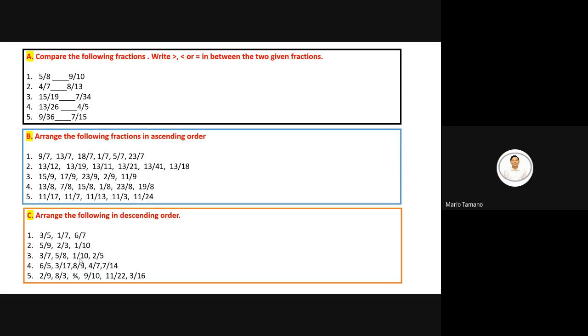Okay, so 5/8 is less than 9/10. So 9/10 is higher than 5/8. Notice, class, that 9 and 10 are very close, with a difference of only 1.